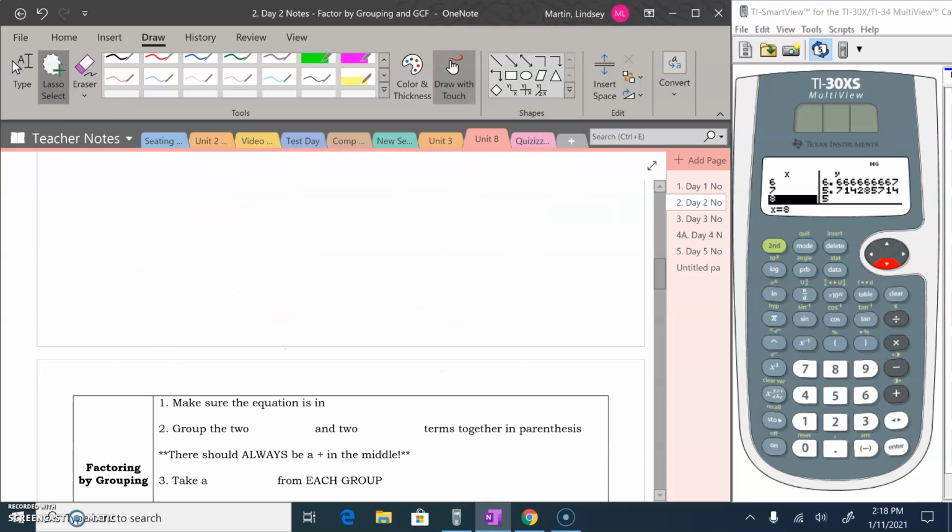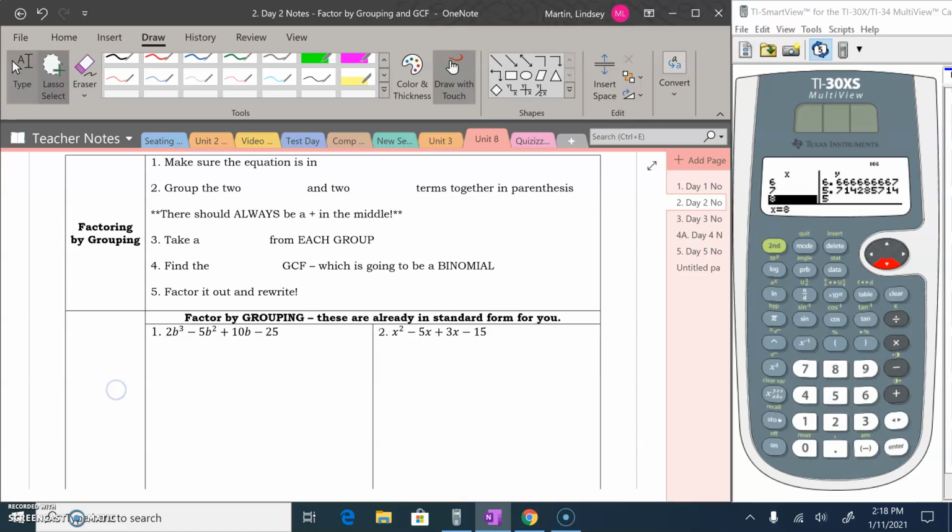Now we're going to be moving on to factoring by grouping. So the first thing that we need to remember when we're factoring by grouping is to make sure that the equation is in standard form. Once it's in standard form, we're going to group the two largest and the two smallest terms together in parentheses.